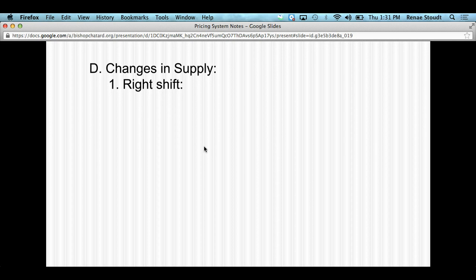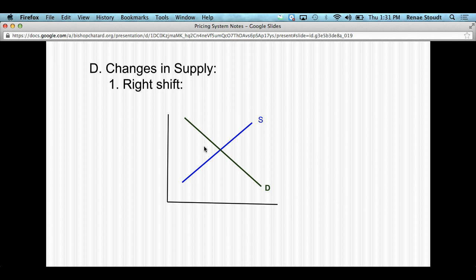Okay? So, if we're looking at our original supply and demand, here's our original supply and demand, just like before. And here's our current equilibrium price, and here's our current equilibrium quantity. Now, every time that I've had you draw out your supply and demand curves, and you're like, why do I have to draw it? Why can't I just tell you it's a right shift or a left shift?